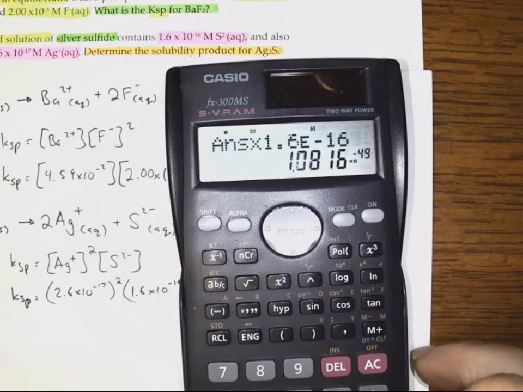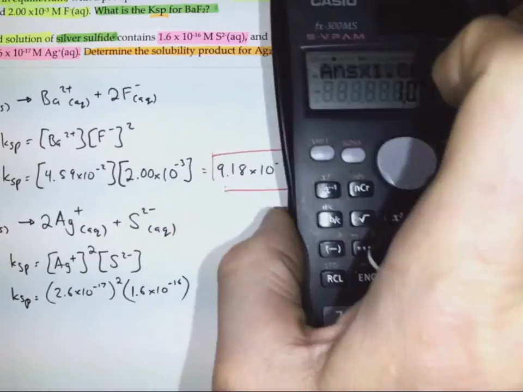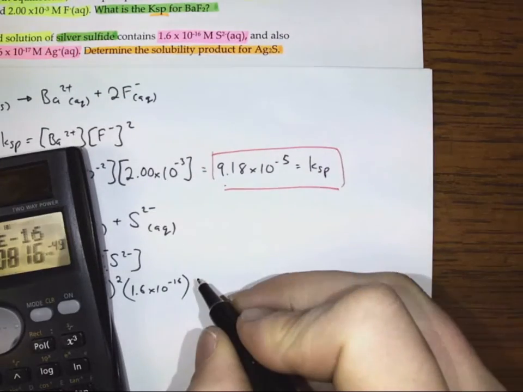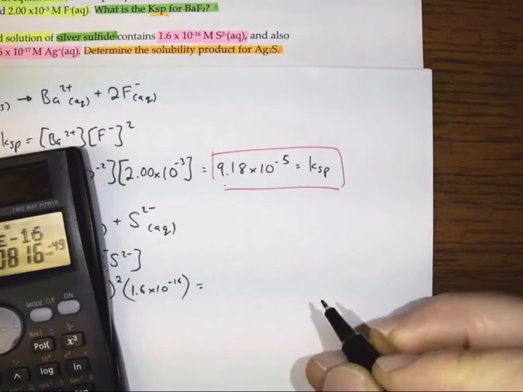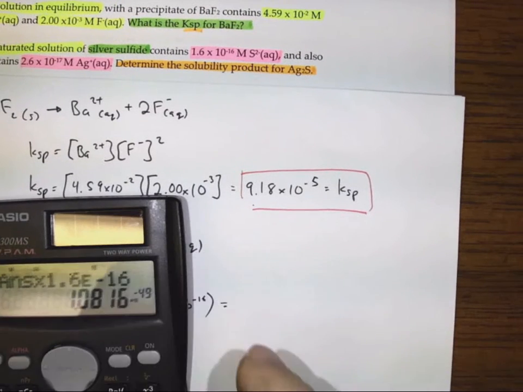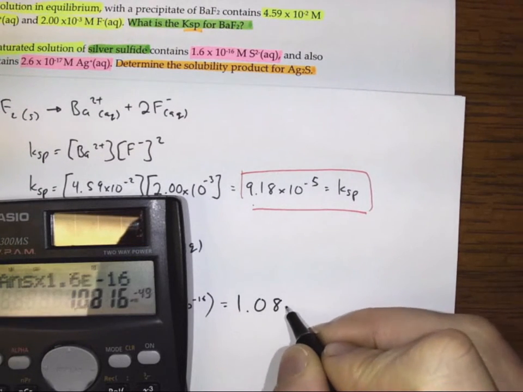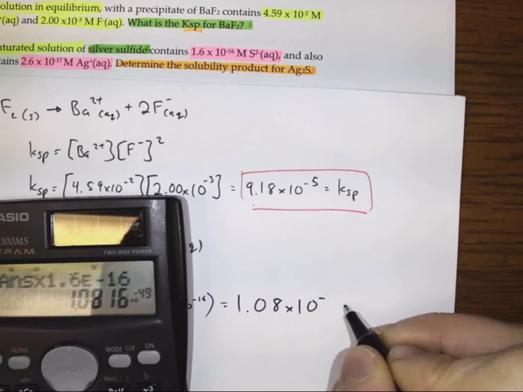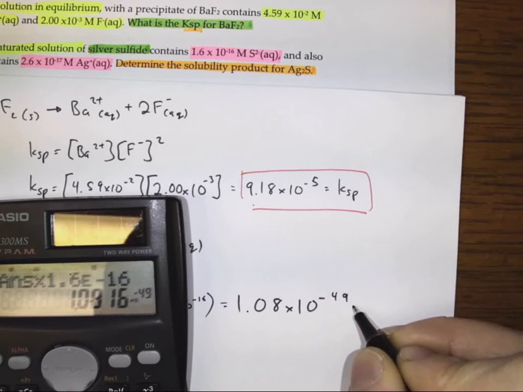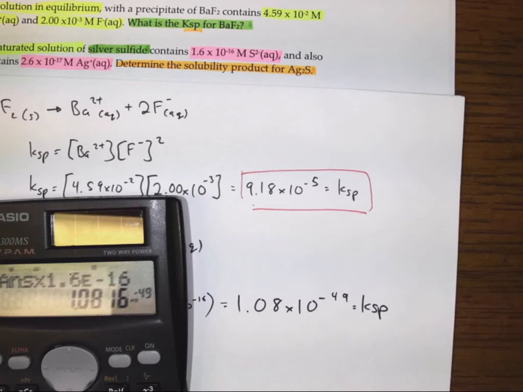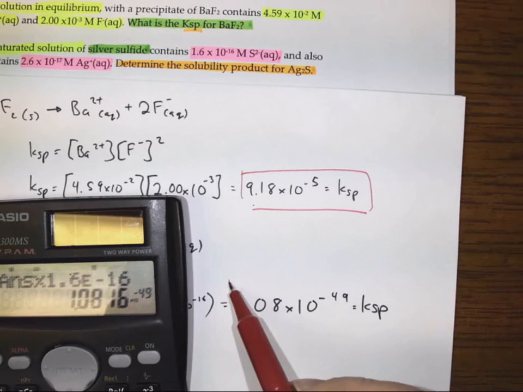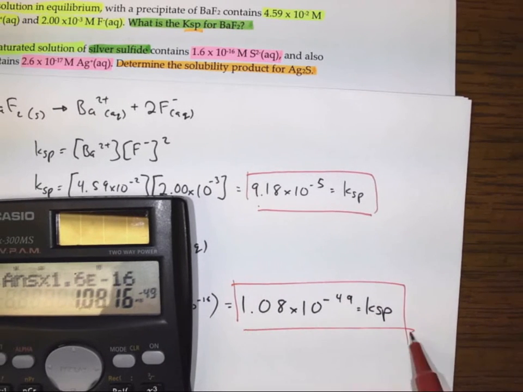And that gives us an extremely small number. Our Ksp is equal to 1.08 times 10 to the negative 49, and that's our Ksp. Simple as that.